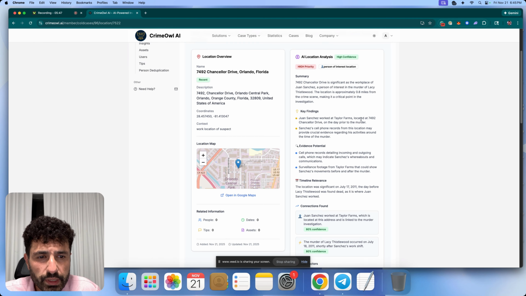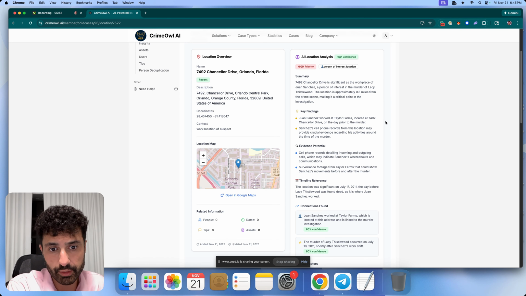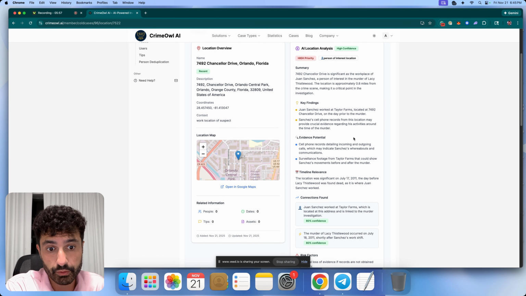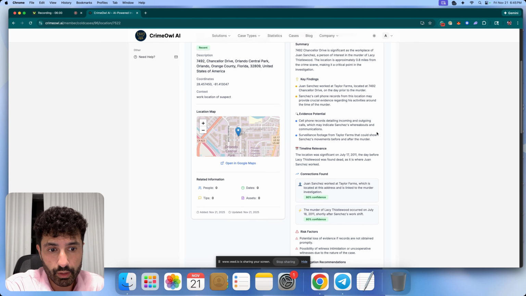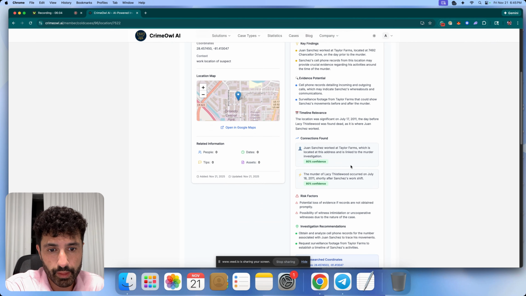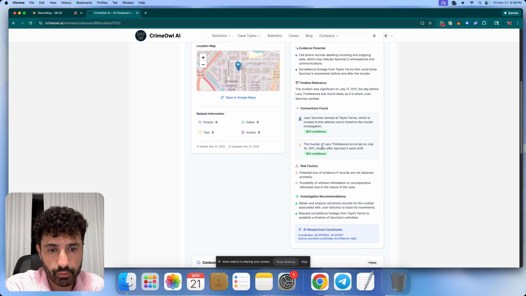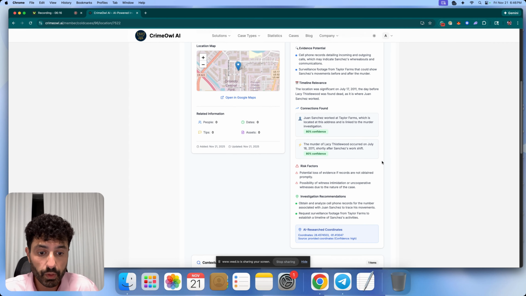Juan Sanchez worked at Taylor Farms, located at 7492 Chancellor Drive on the day prior to the murder. Sanchez's cell phone records from this location may provide crucial evidence. Interesting. Could show Sanchez's movements. So connections found, 80% confidence. The murder of Lacey Thistlewood occurred on July 18th, shortly after Sanchez's work shift.